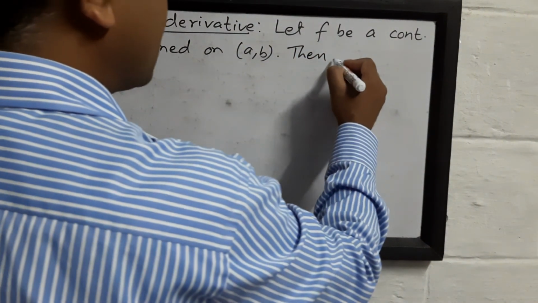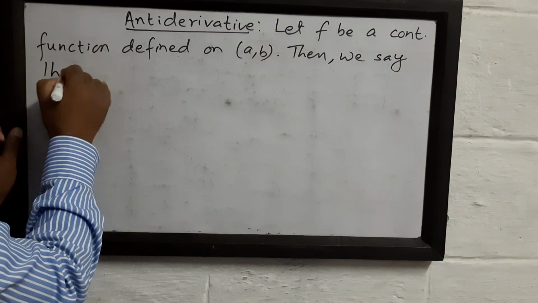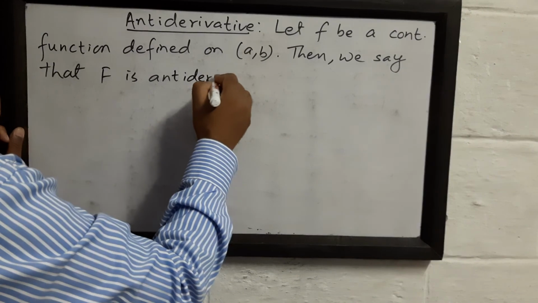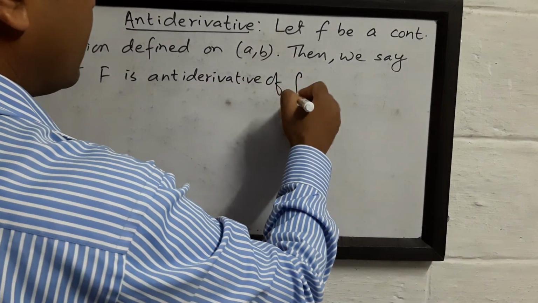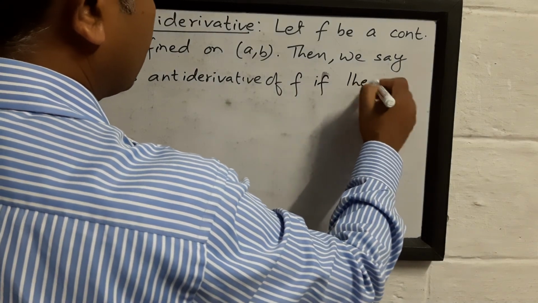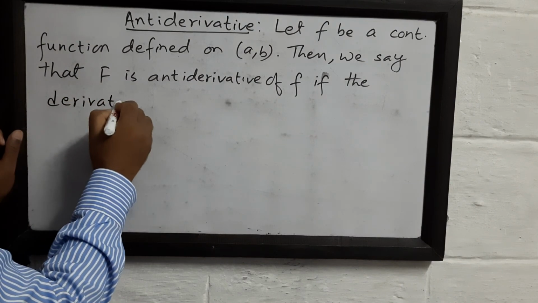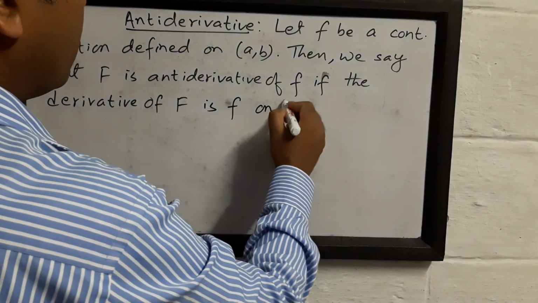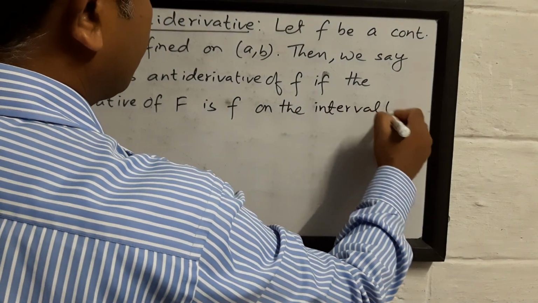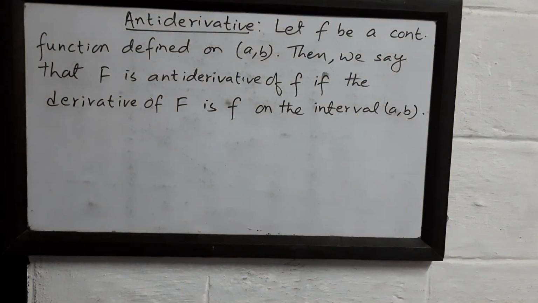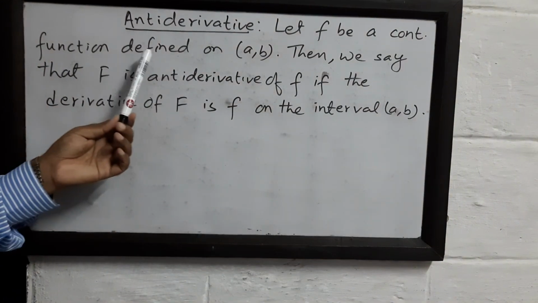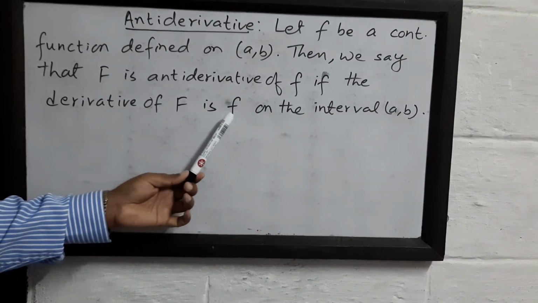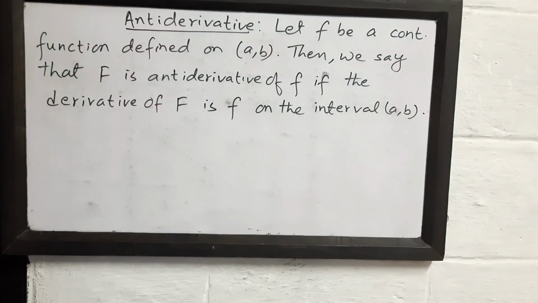Then we say that capital F is an antiderivative of small f if the derivative of F is f on the open interval (a, b).